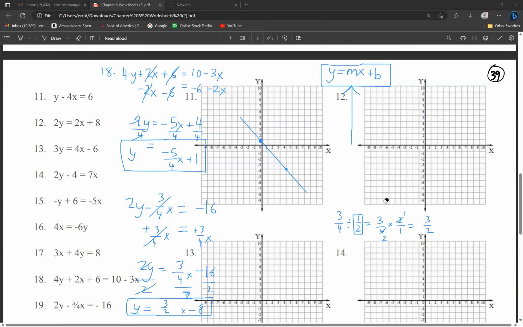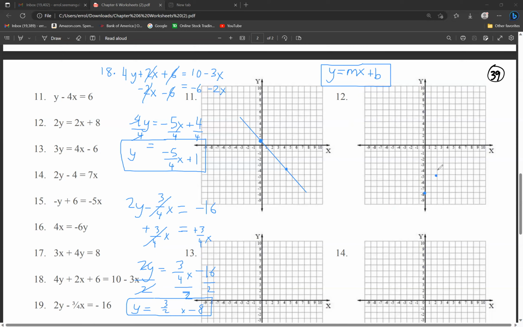All right, so let's graph it where number 12 is. First dot is at 0, negative 8. 0, negative 8 is right there. Then we go up 3 and to the right 2.